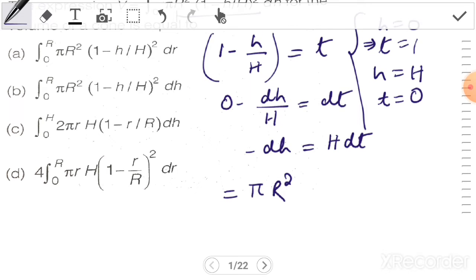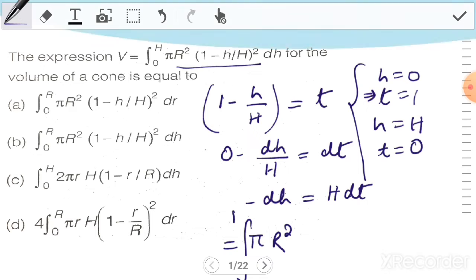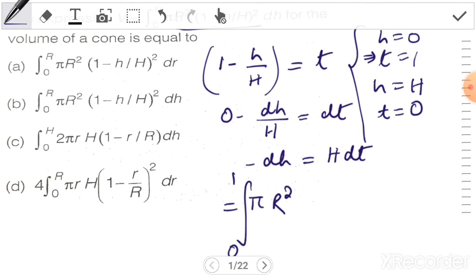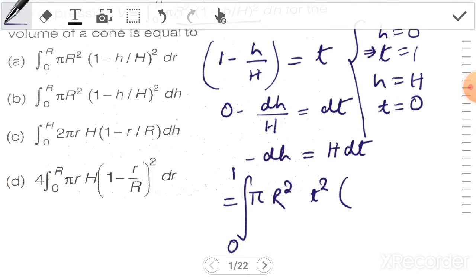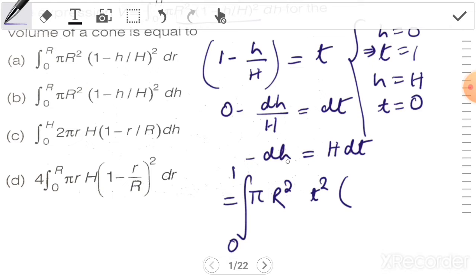Okay, 0 to 1, and t square, and also in place of dh we have minus capital H dt, right?